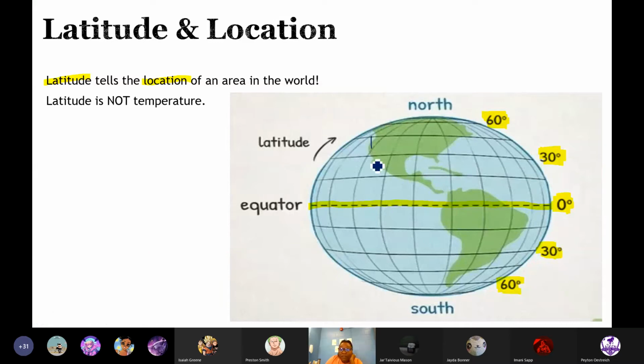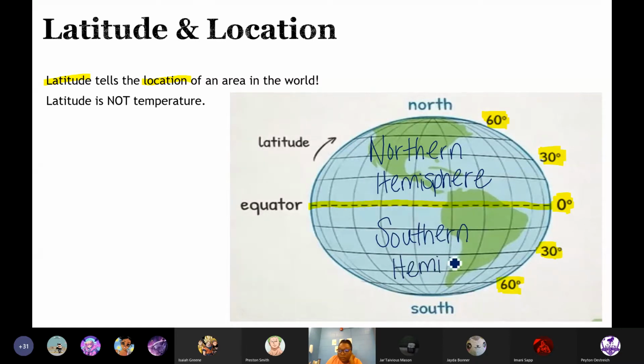We live in the northern hemisphere. And the area below our equator is our southern hemisphere. Okay? Our northern hemisphere and our southern hemisphere.